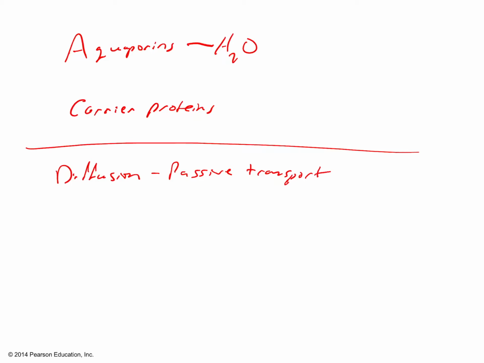So if we have a difference in concentration of a solute, let's say on one side of a membrane versus another, that is what we call a concentration gradient. Gradient just means difference in something. Concentration gradient is difference in concentration, okay?